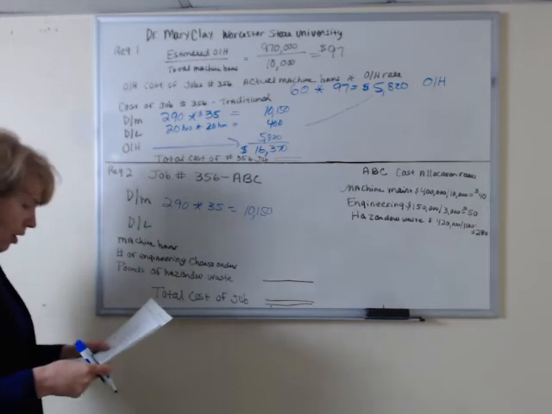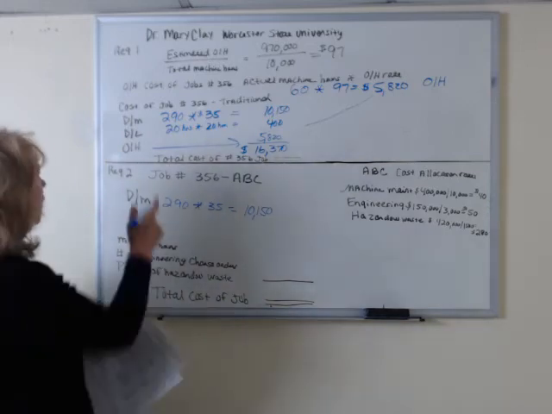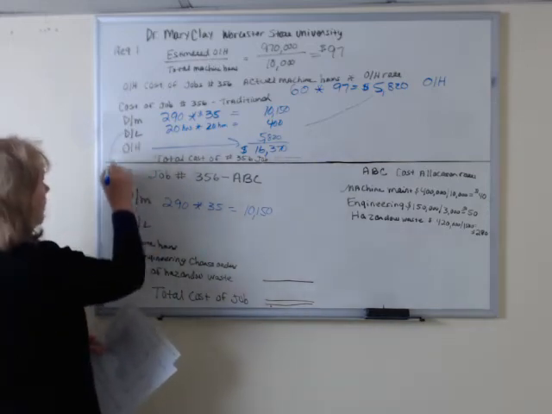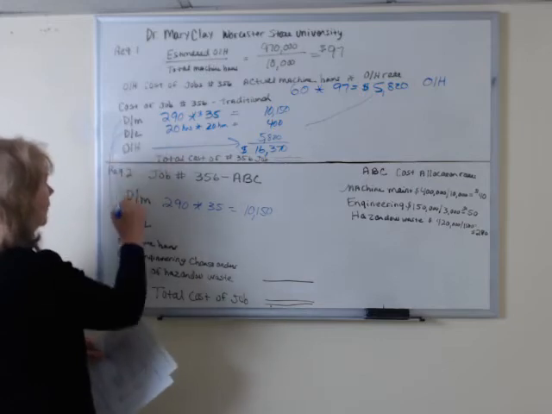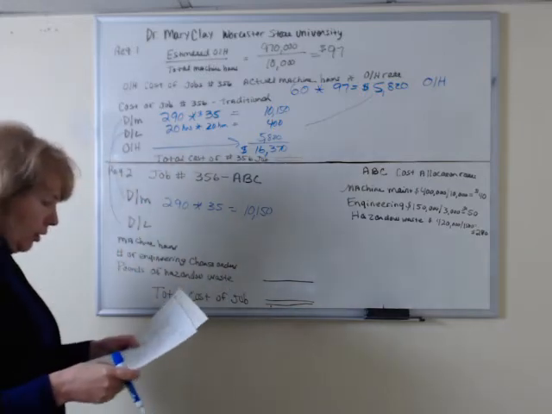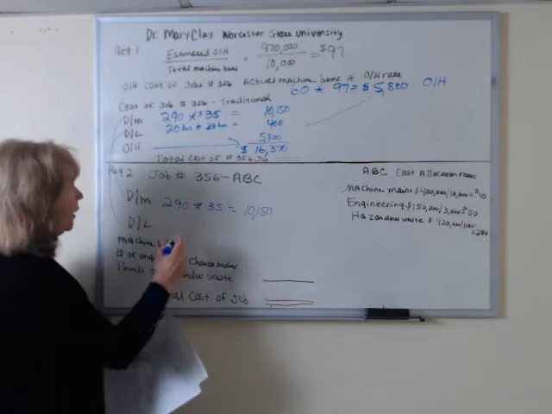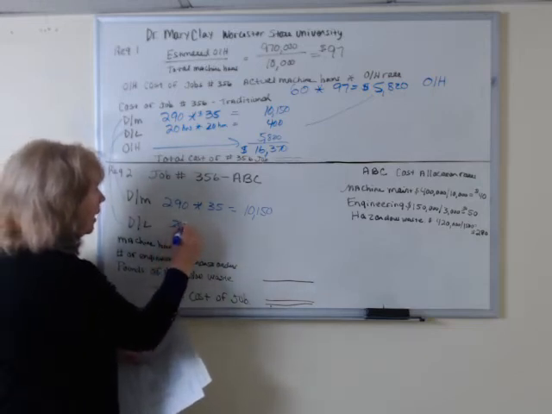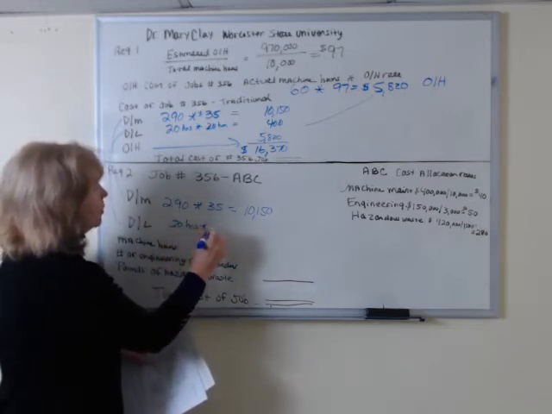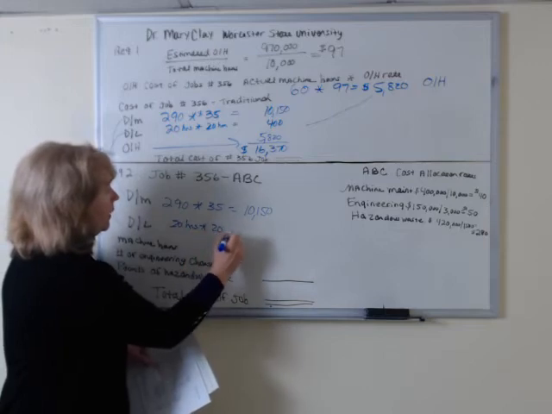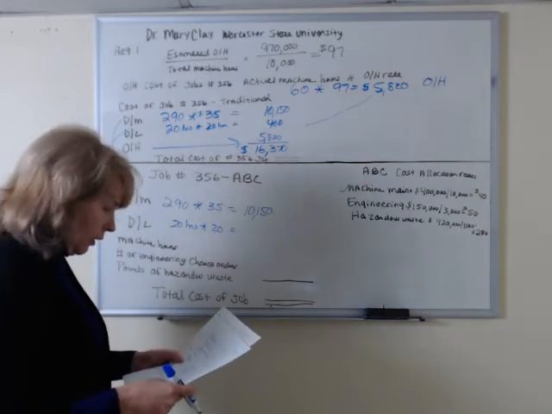Same thing for direct labor. It's going to be exactly the same. So direct labor is going to be 20 hours times 20, and that's going to equal 400.